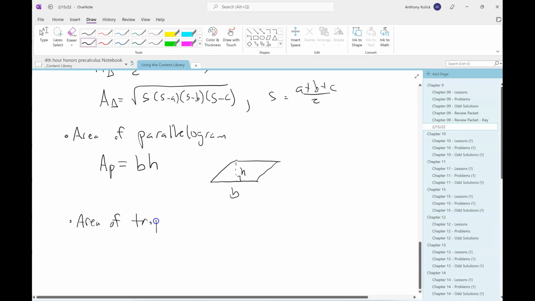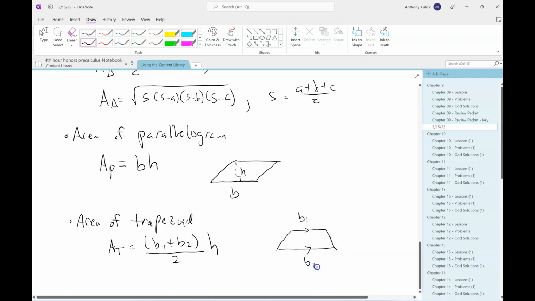Here's mad props if you remember the area for the trapezoid. This one's hard to remember. Anybody remember this one? Yeah, that'll do. Good job. So again, trapezoid, you have two parallel sides.